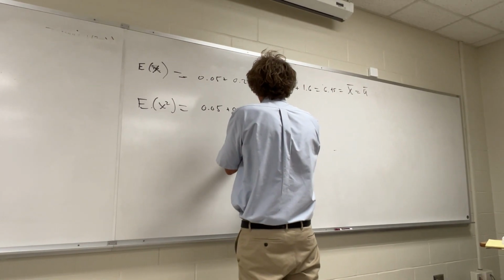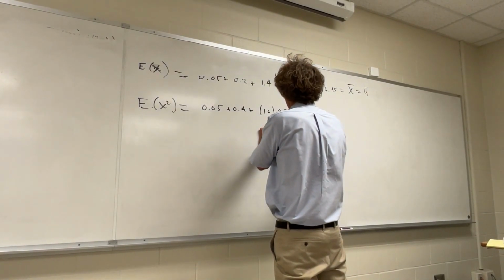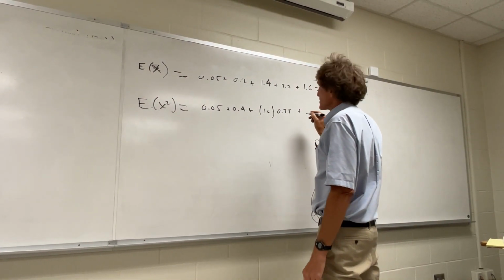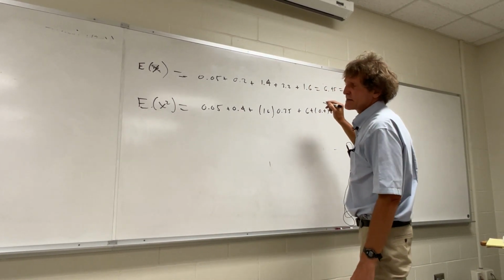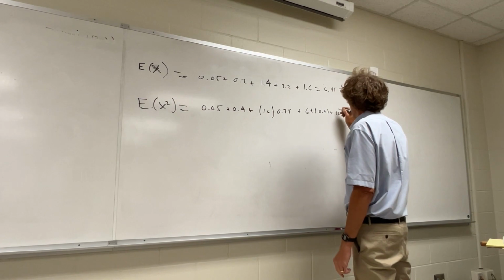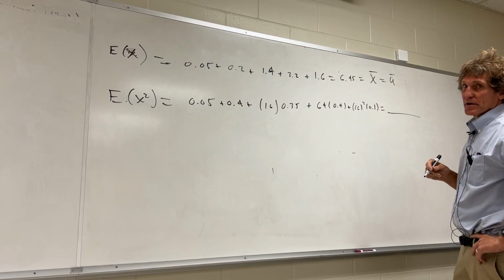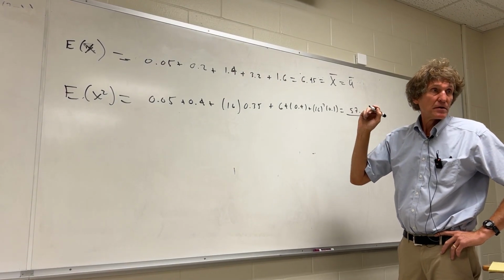I'll just put it this way, 16 times 0.35, plus then you have 8 squared, 64, right? Times 0.4 plus, and finally 16 squared times 0.1, what do you get for all that? 57.25? All right.